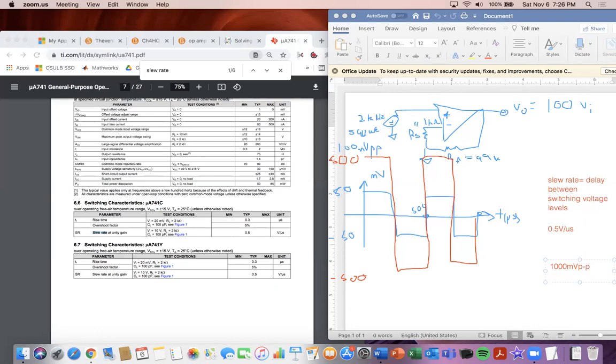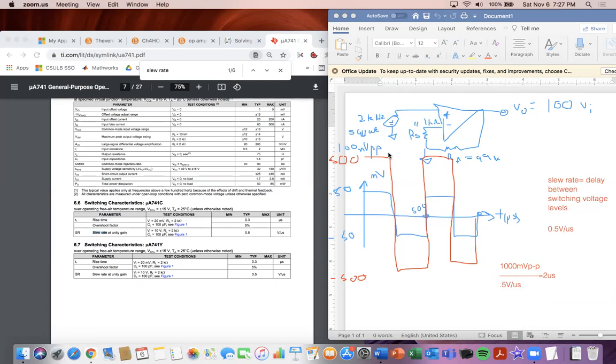And then it's going to be divided by that 0.5 volts per microsecond. And that gives you, if you just want to think of how the units cancel, 1,000 millivolts, which is 1 volt, divided by 0.5. That gives you 2 microsecond delay.